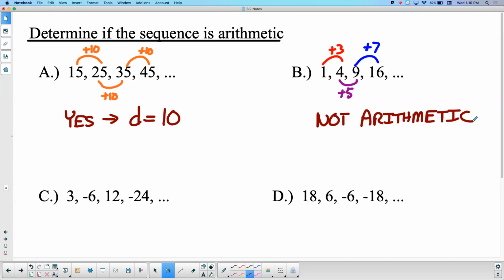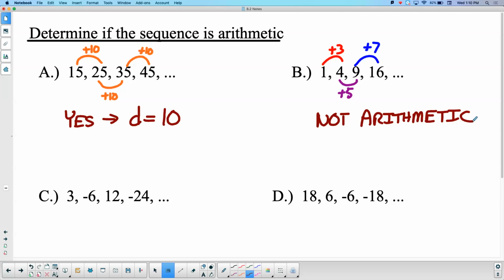Third one, arithmetic, not arithmetic. Nick, why not? Yes, it is, by 2.